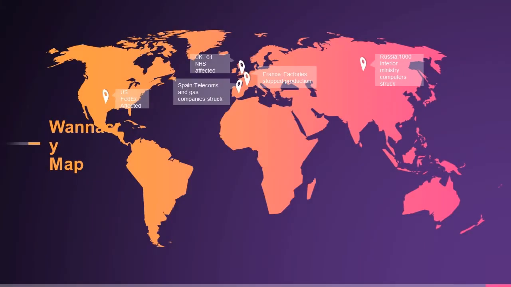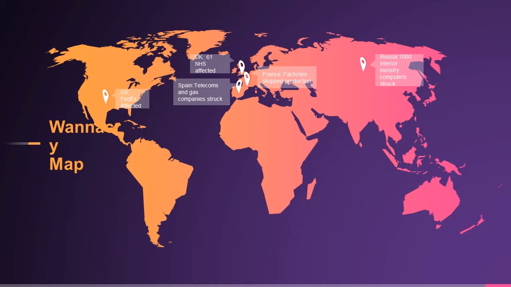The next slide shows the graphical WannaCry infection map. In the US, major companies such as FedEx or UPS were affected once more. In the UK, 61 National Health Service buildings were affected, causing major issues for critical cases over there.